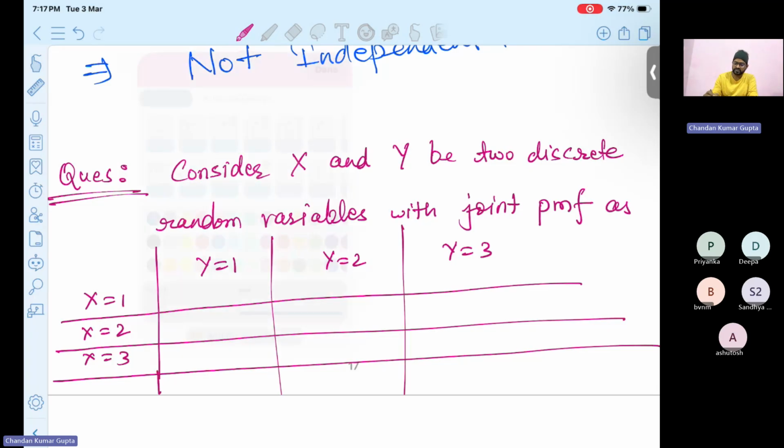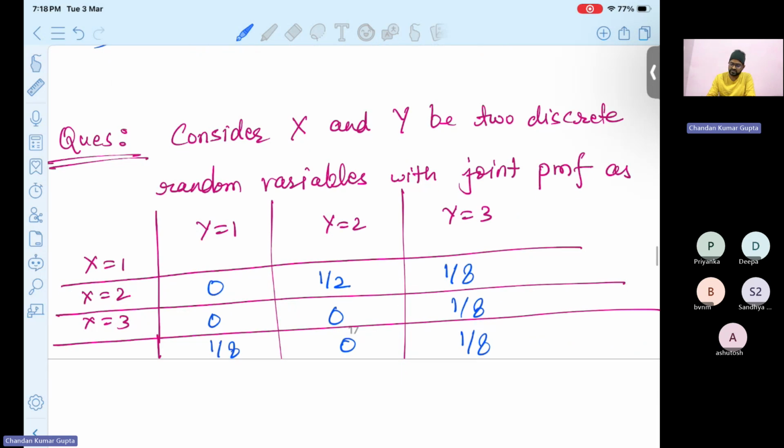We are given 0, 1/2, 1/8, 0, 0, 1/8, 1/8, 0, 1/8.